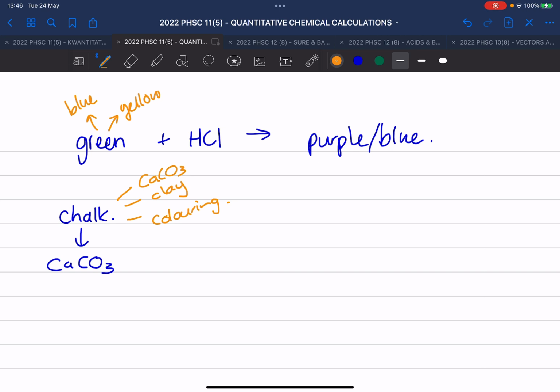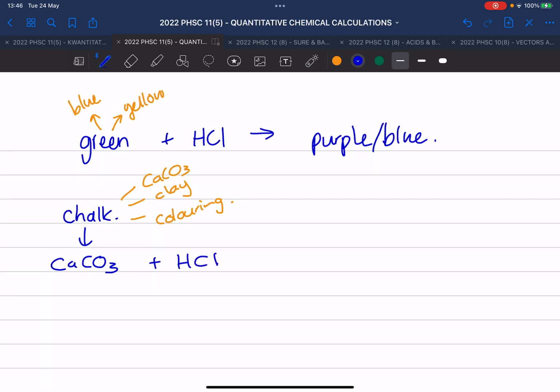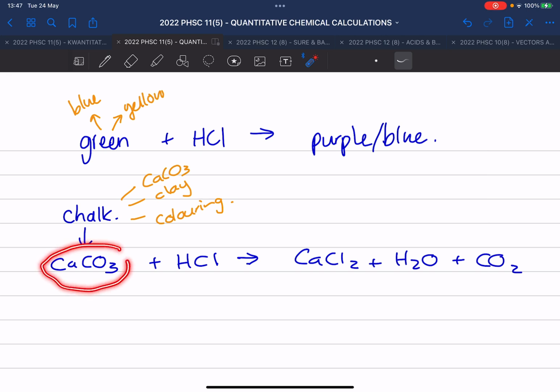So if I take this chalk and dissolve it, I add it to hydrochloric acid, it will give me calcium chloride and water and carbon dioxide gas. Okay, that is the calcium carbonate.